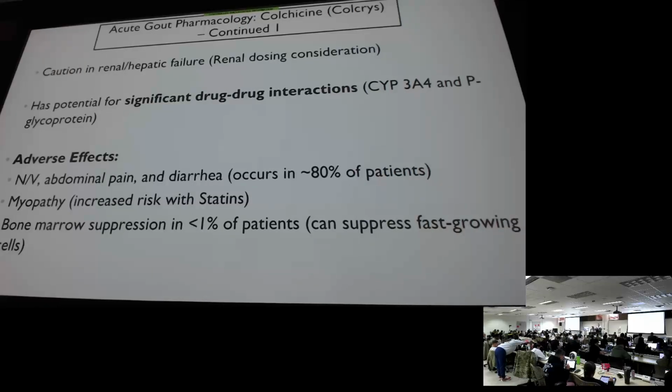So drug-drug interactions with CYP3A4 metabolized drugs. Adverse effects, already mentioned, abdominal is a big one, 80% of patients. Some myopathy, a higher rate if there are statins. And then bone marrow suppression in less than 1% of patients.